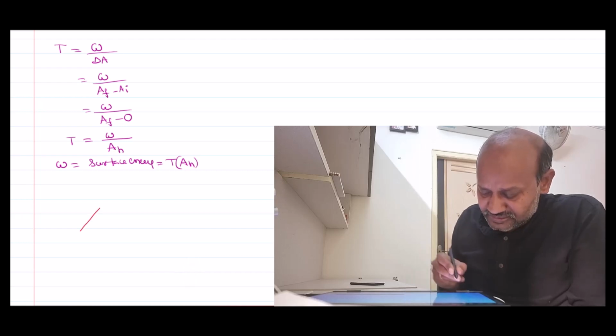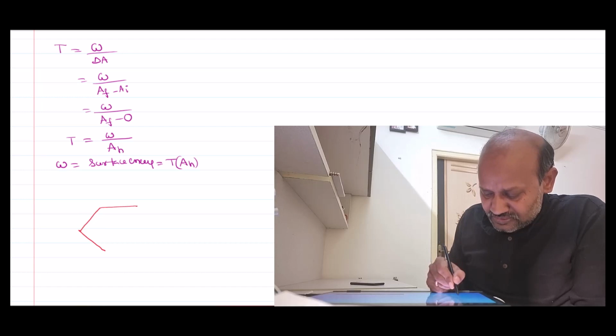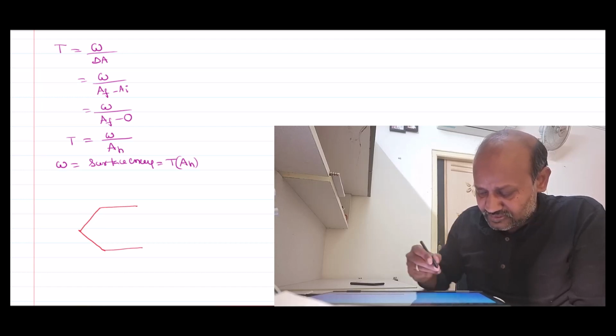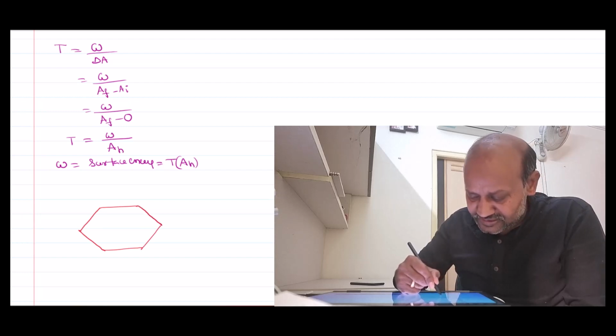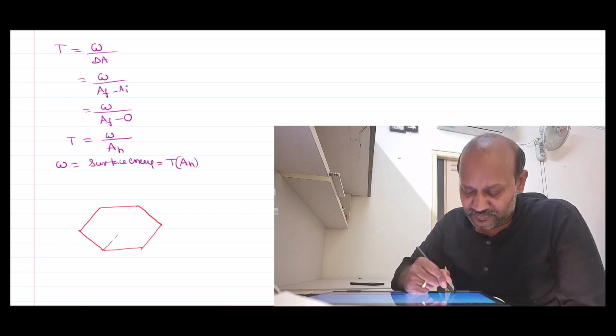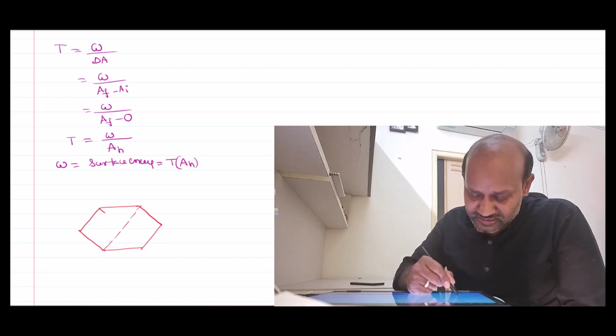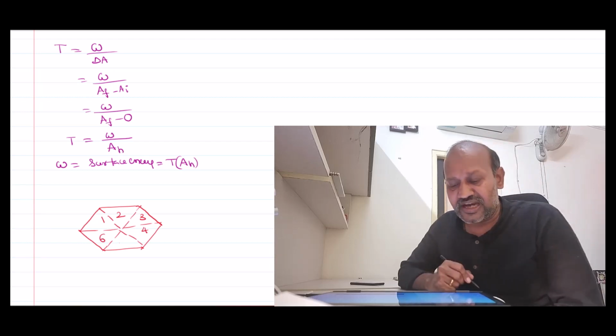Hexagon: 1, 2, 3, 4, 5, 6. A hexagon means having 6 sides of equal dimensions. If I draw the lines like this, there are 1, 2, 3, 4, 5, 6 identical triangles.